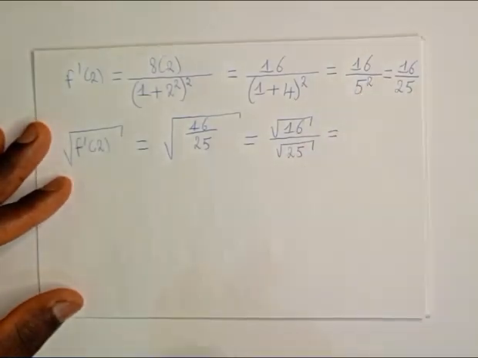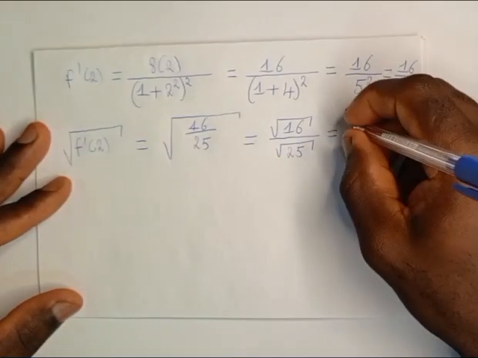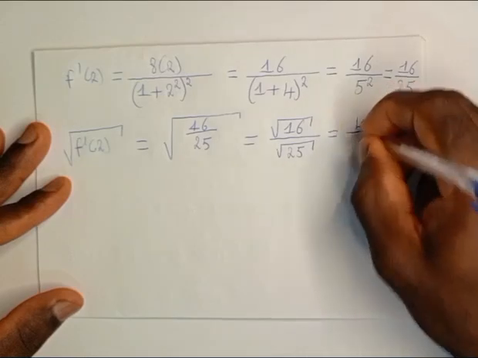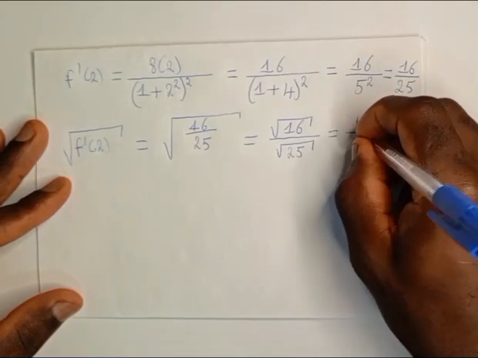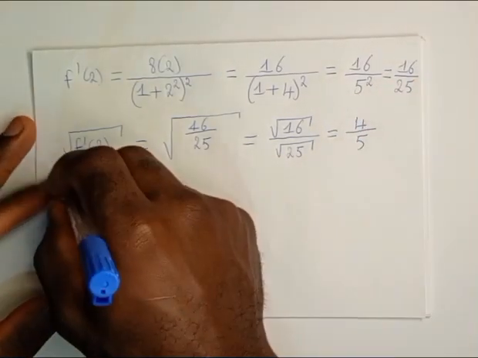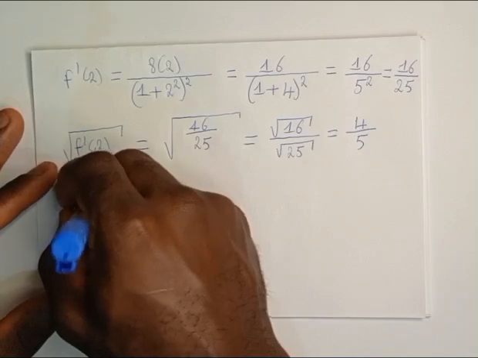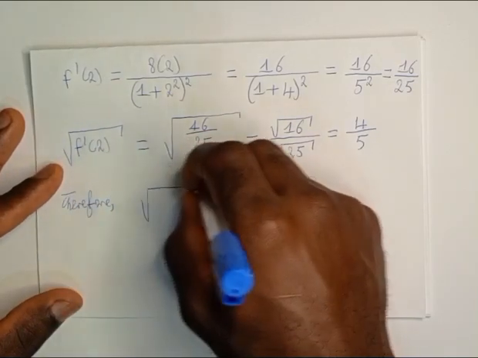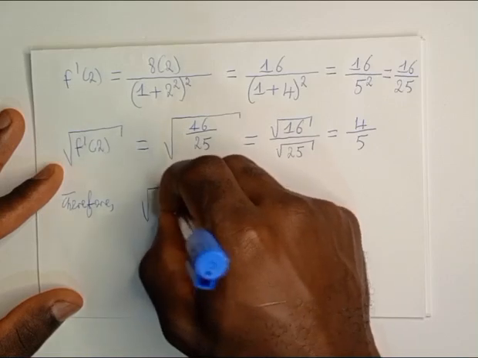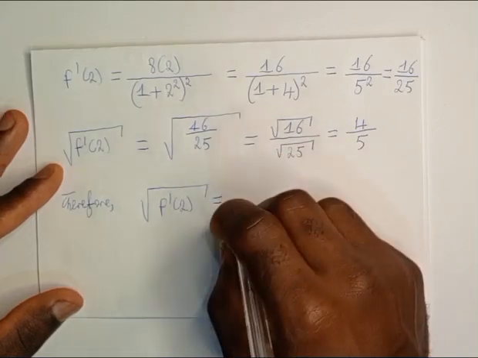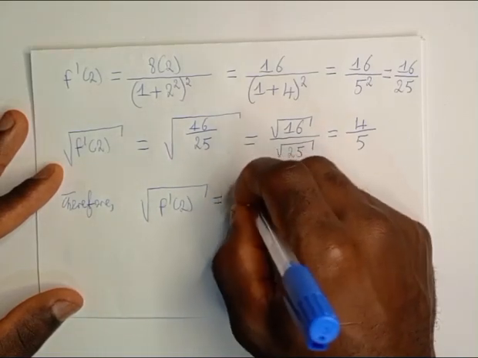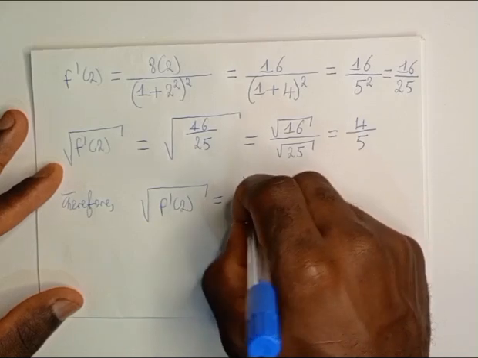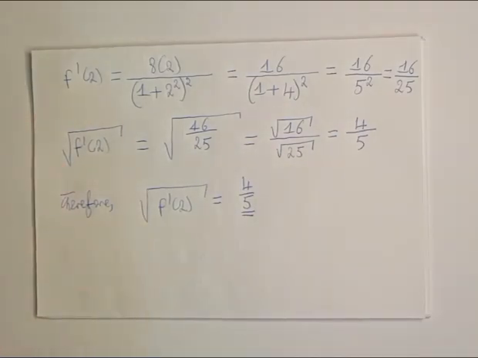And this will simply be equal to the square root of 16 gives us 4 all over the square root of 25, which gives us 5. We conclude, therefore, the square root of f prime of 2 is equal to 4 on 5. We are done with the solution of this question.